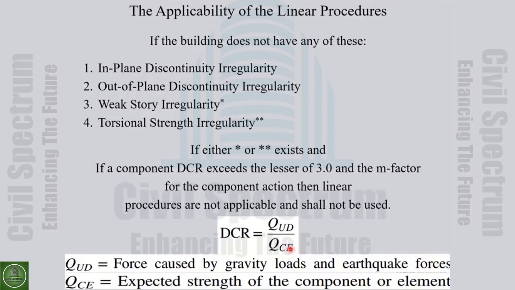One we call expected strength. One is lower bound strength. Expected is the mean of the values; for example, if you have done a few tests on the material, the mean value is the expected value for the strength of concrete, and the mean minus 1 standard deviation is the lower one.